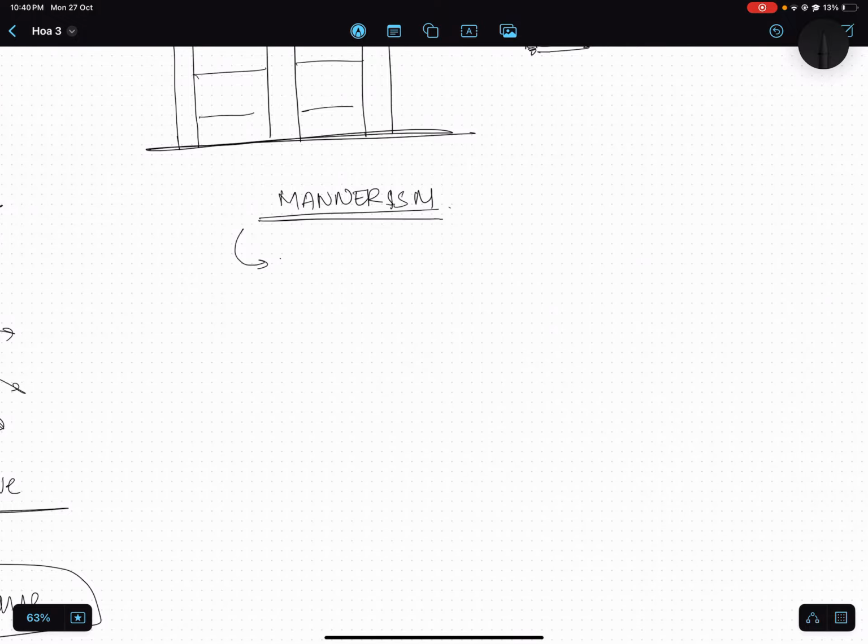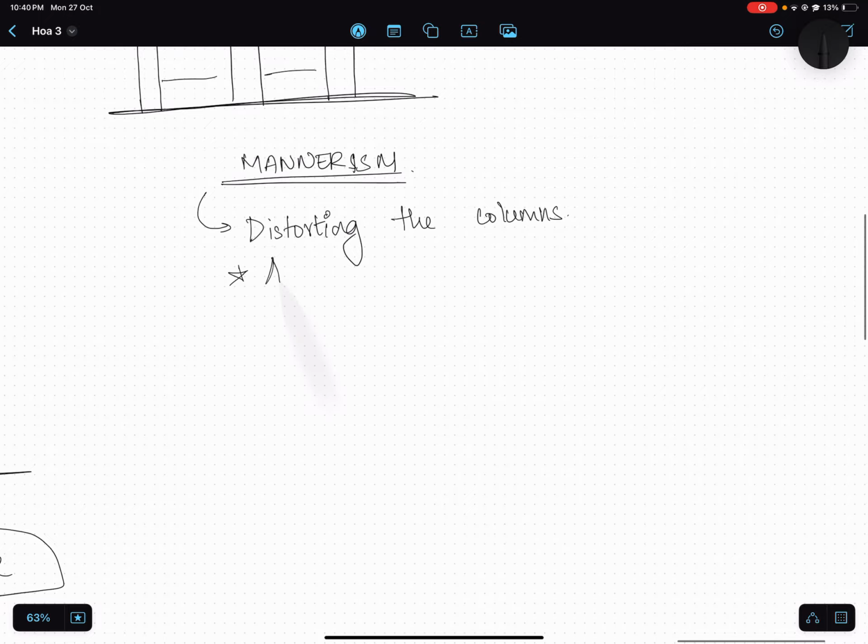They did follow the Renaissance architecture, but what they did is they started distorting the columns. Sometimes they were too small or too high, too slender, and they had asymmetrical planning.